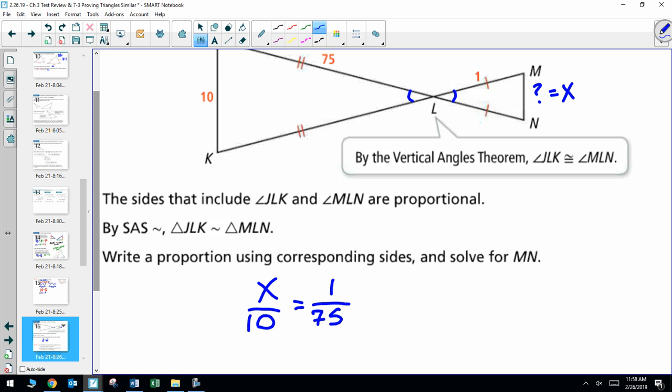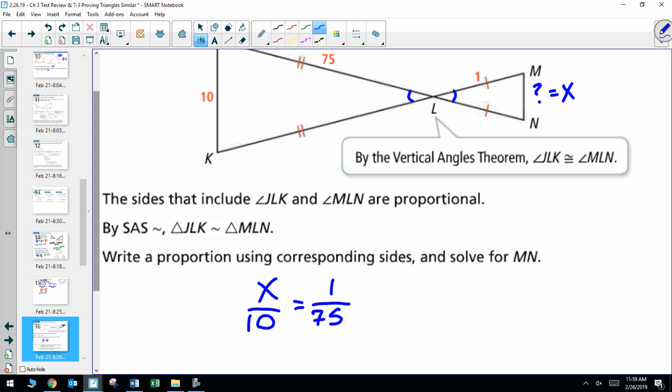Now, if you were solving this, what would you have to do? How would I solve this? What's the first step? What's that? Well, you could type that into a calculator and find out what 1 divided by 75 is.